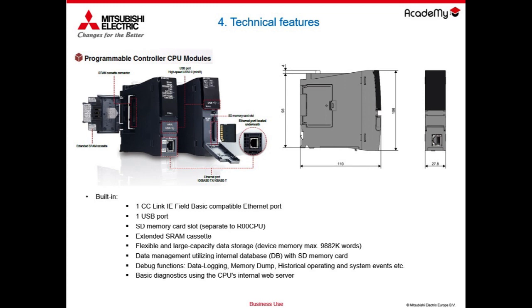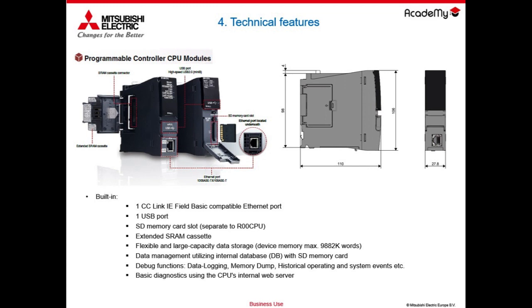Moreover, there is always present, on the bottom, an RJ45 port, an Ethernet port compatible with CC-Link IE Field Basic, so with the Ethernet-based bus of the CC-Link consortium at 100 megabit.